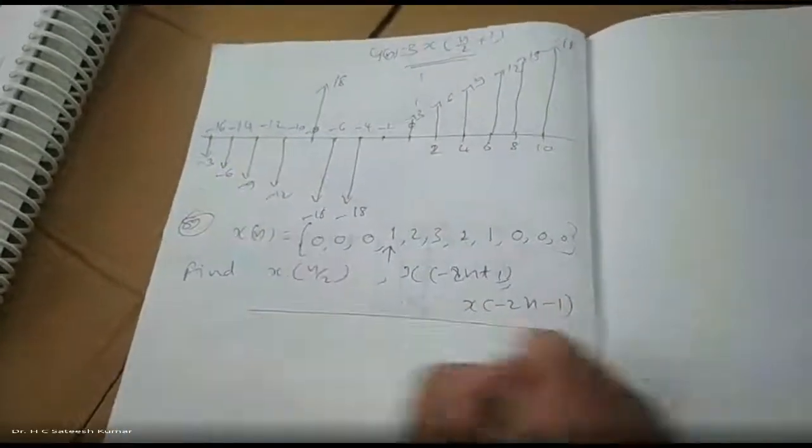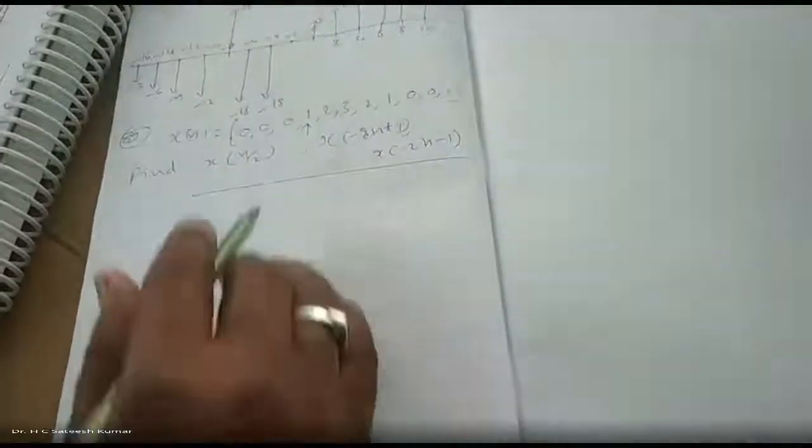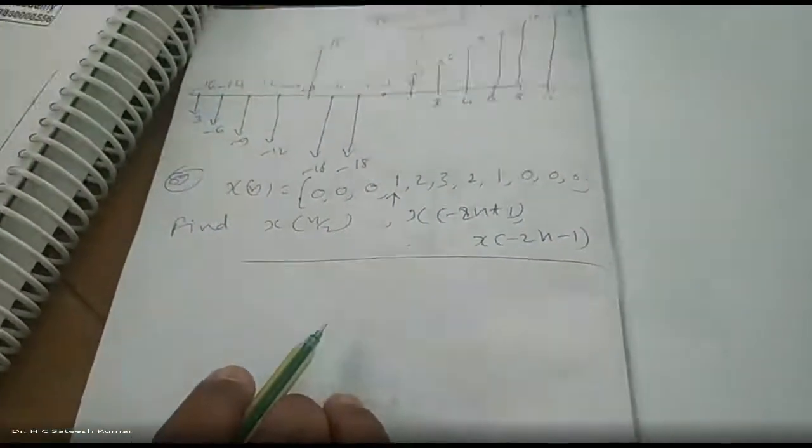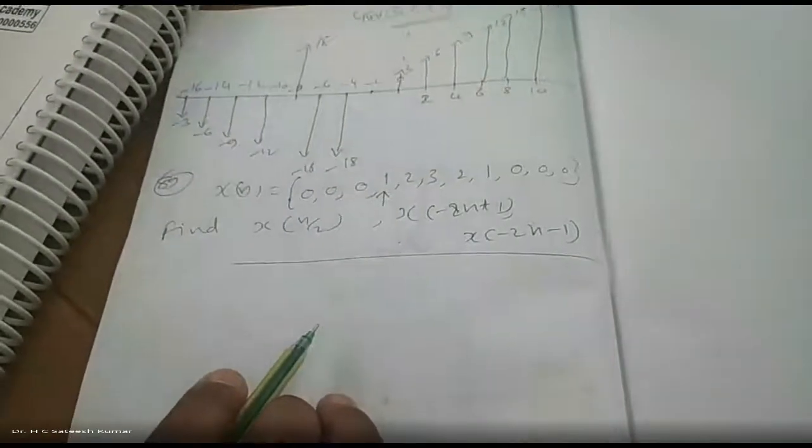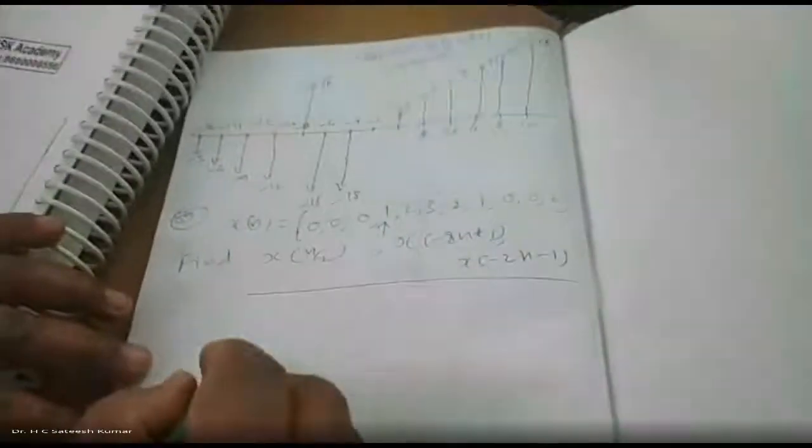So these three we need to find out. This is better using the sequence method. In my notes, if you see, I did it in sequence method; you can check it out. But anyhow, I'll do it in graphical only. It is easy for you.